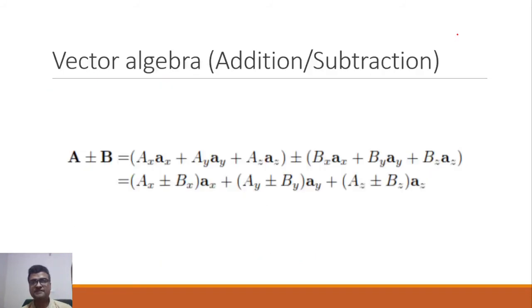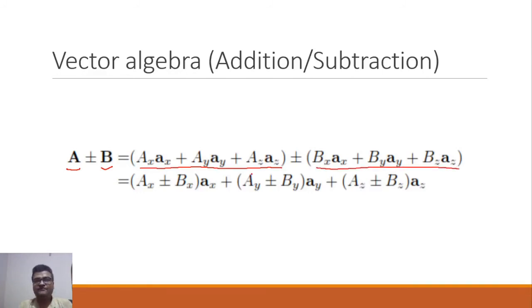In the same theme, now that we are aware of the component form of a vector, let us see what algebraic operations we can perform using this component form. Let's say we have a vector A and another vector B. A is represented as Ax, Ay, Az along with the unit vectors, and B is represented in the same way.